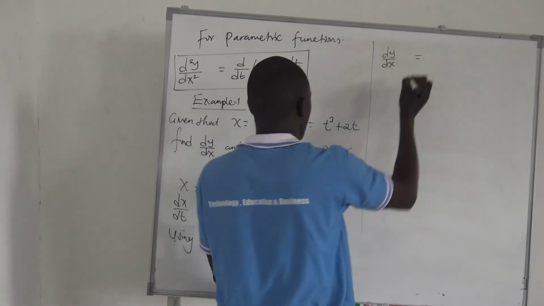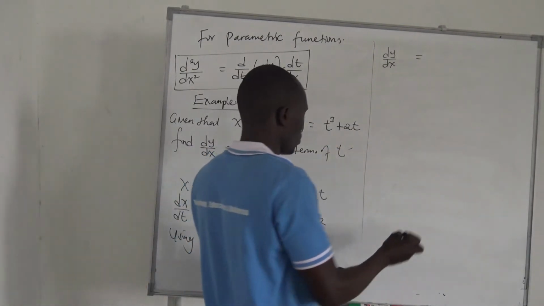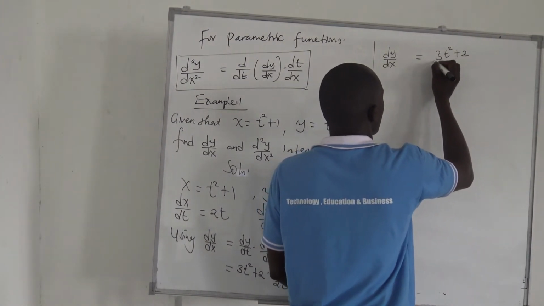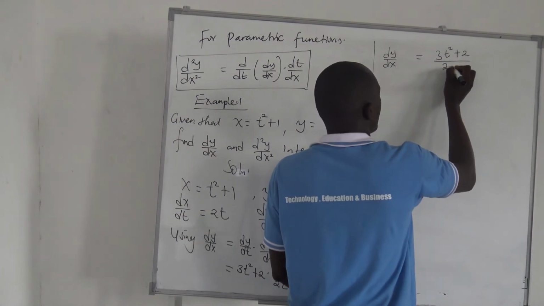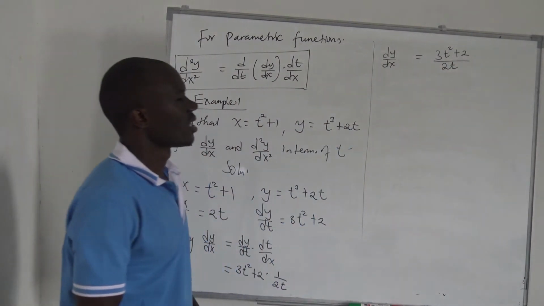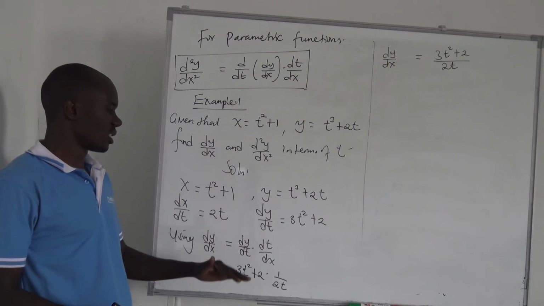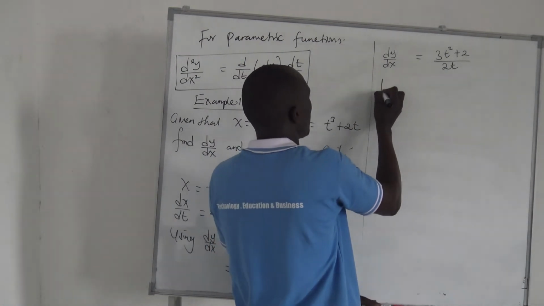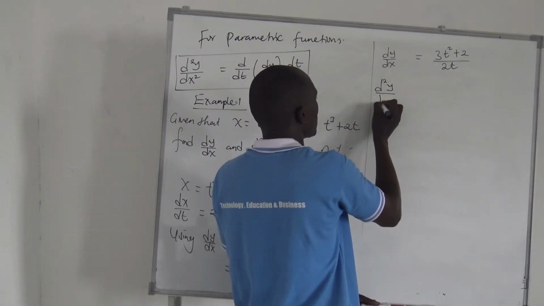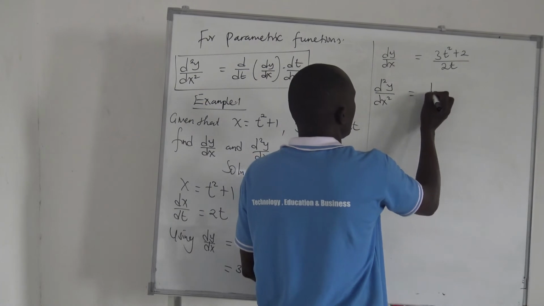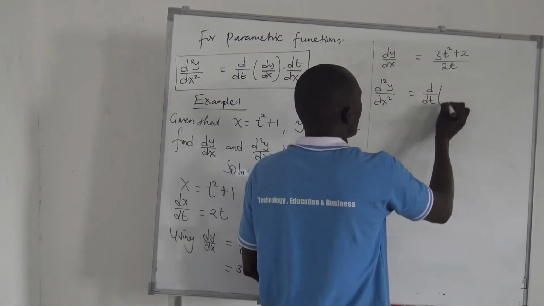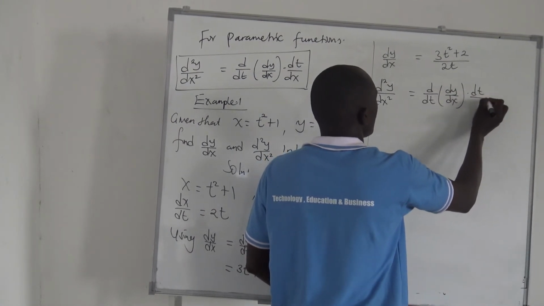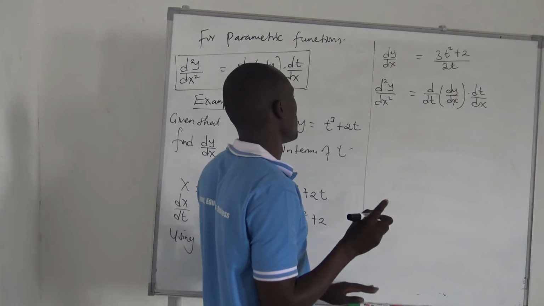Dy dx becomes 3t squared plus 2 all over 2t. That is our dy dx in terms of t. Now, I want to get d2y dx squared. Here we are going to say d dt of dy dx times dt dx. That's what you should know in your mind.